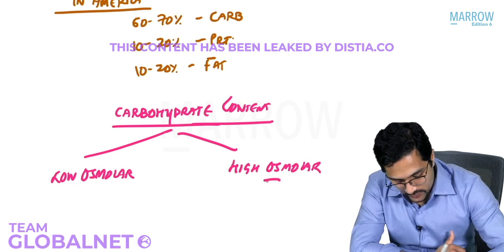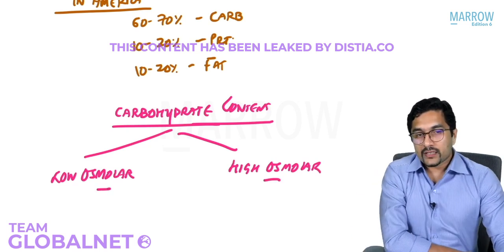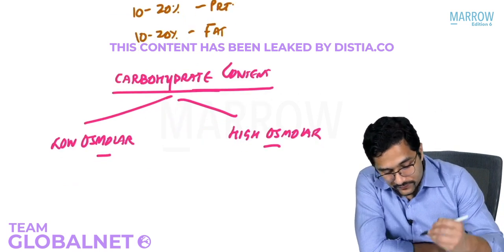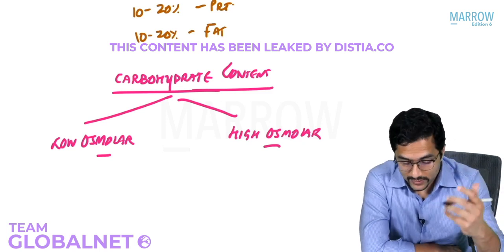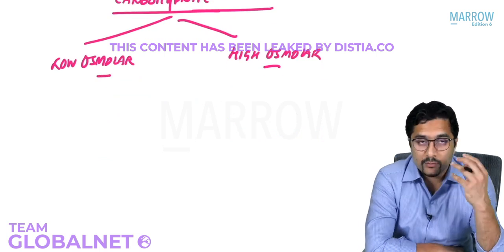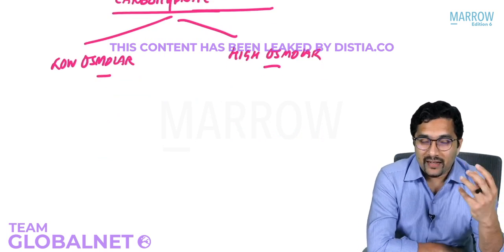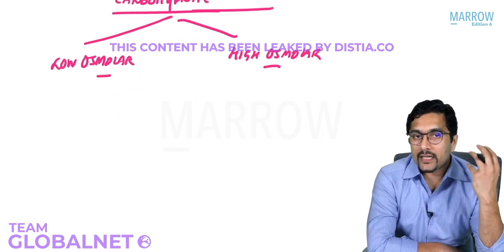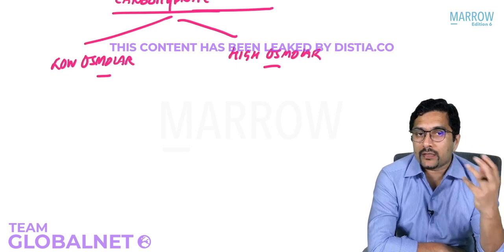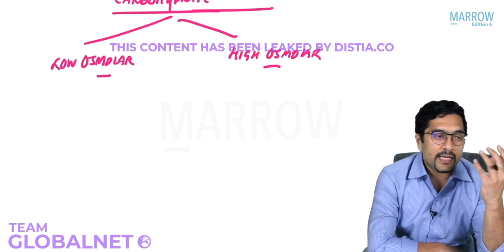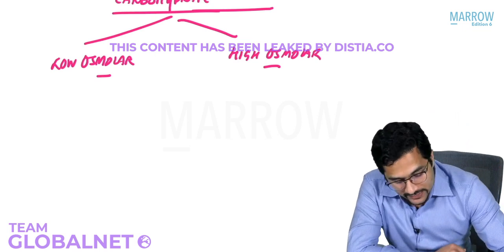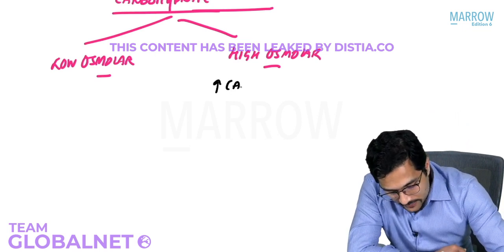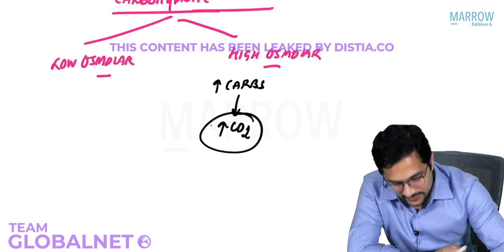Now, the difference between low osmolar and high osmolar is that carbohydrate metabolism, you have discussed in biochemistry. Dr. Rebecca has taught you that carbohydrate metabolism is going to produce carbon dioxide and water as the end products. So if there is increased carbs, then increased CO2 production will be there.